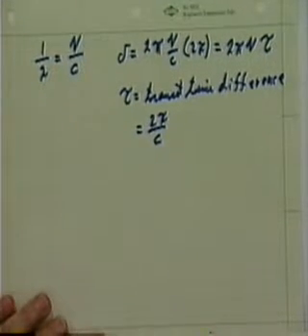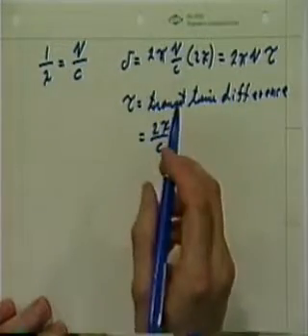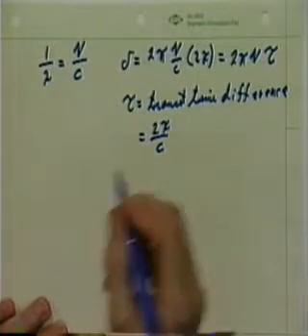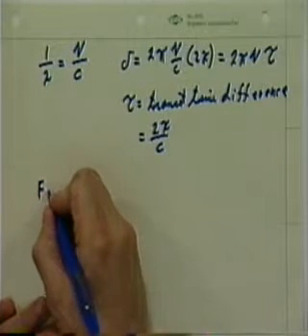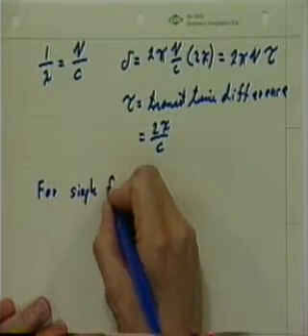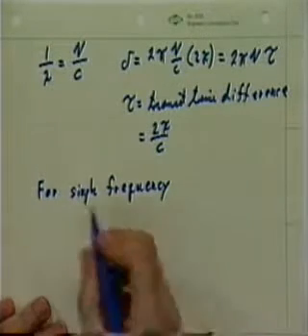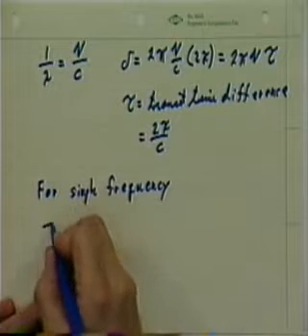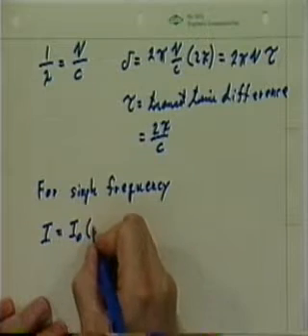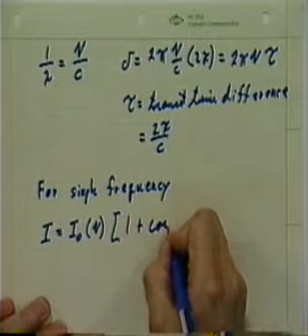Okay. So now let's start off with a very simple, but maybe not too exciting case, and we'll start off with it first anyway: a single frequency. And then we'll work our way up to an infinite number of frequencies in a while. So I is I naught, I'll just make it I naught of whatever the frequency is, times 1 plus cosine of delta.